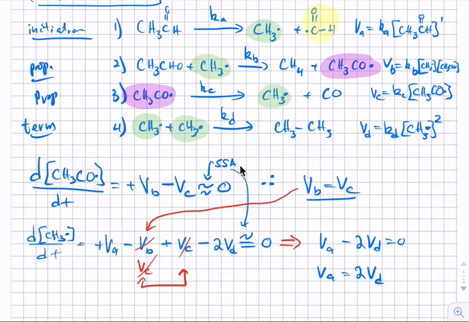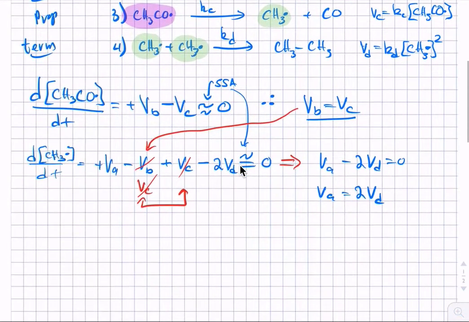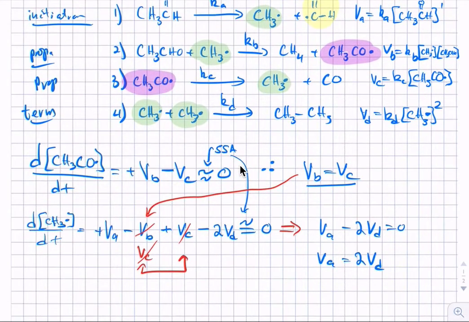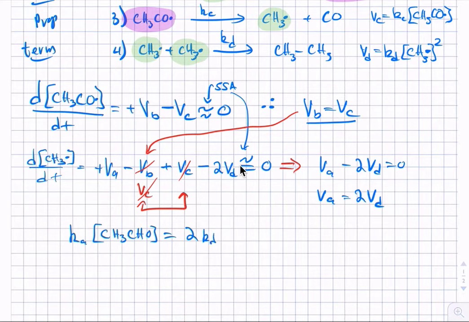So we can take this relationship and replace Va with what it's equal to. Up here we'll say Ka, the concentration of the aldehyde, CH3CHO, is going to equal 2 times the rate constant for D times the concentration of the radical methyl group squared.